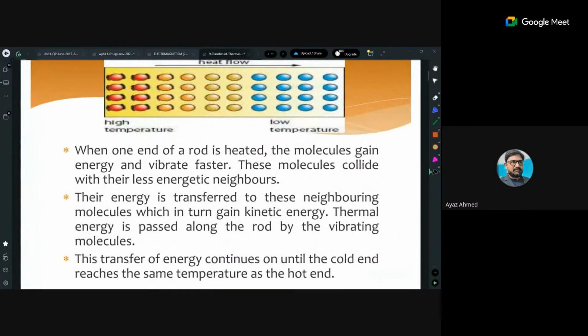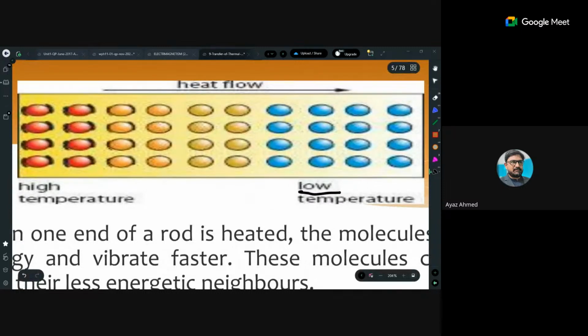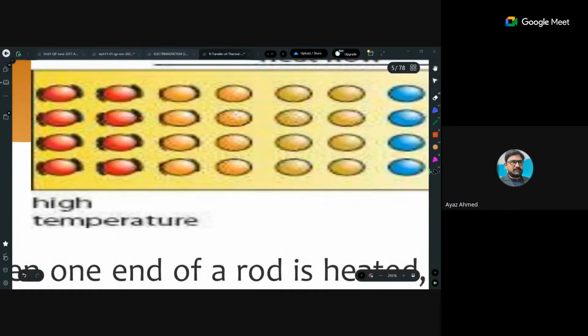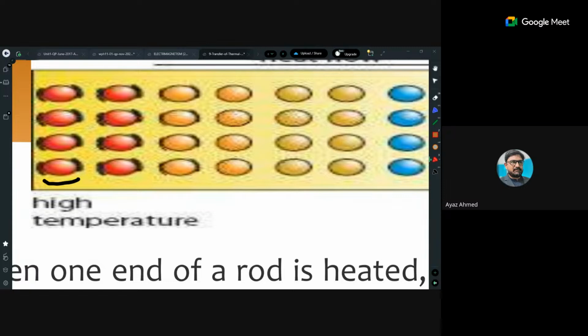These red particles are the high temperature particles, the blue ones are the low temperature particles. At the end where there is low temperature, the particles have no vibration or very small vibration. The particles at the higher end, the red end, have very high vibration, and due to that more vibration, they have more interaction with each other.